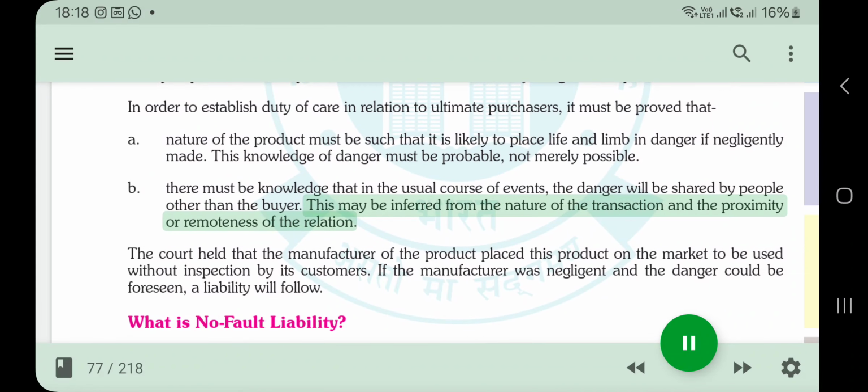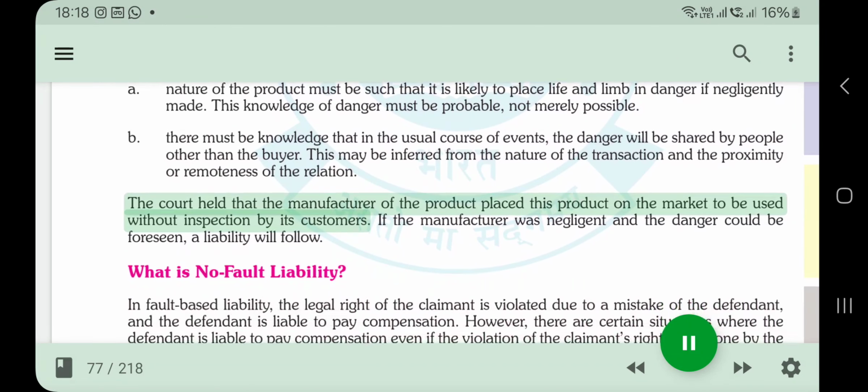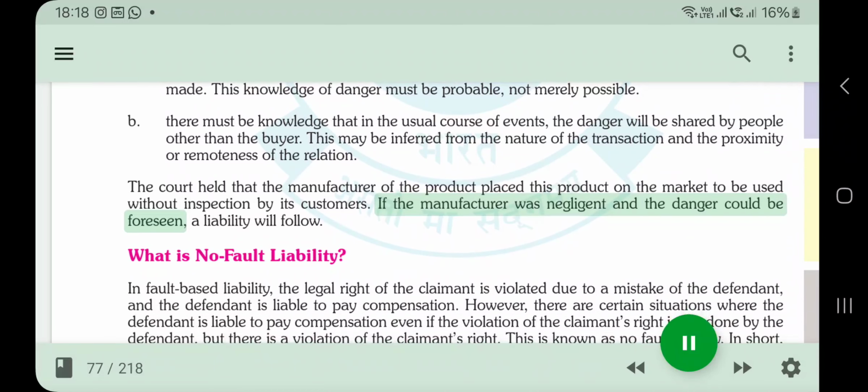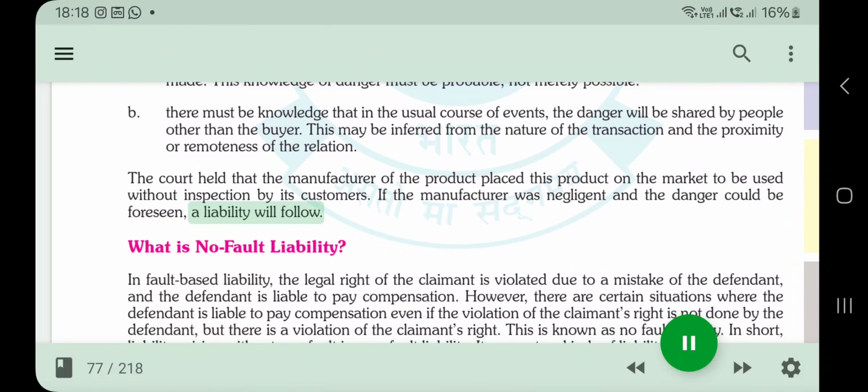This may be inferred from the nature of the transaction and the proximity or remoteness of the relation. The court held that the manufacturer of the product placed this product on the market to be used without inspection by its customers. If the manufacturer was negligent and the danger could be foreseen, a liability will follow.